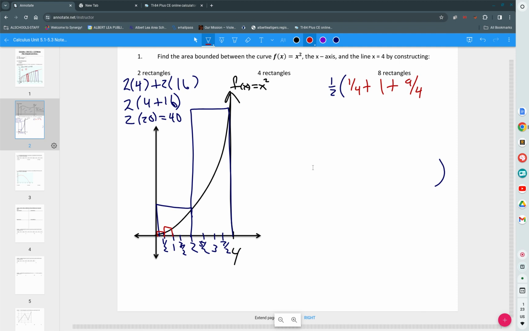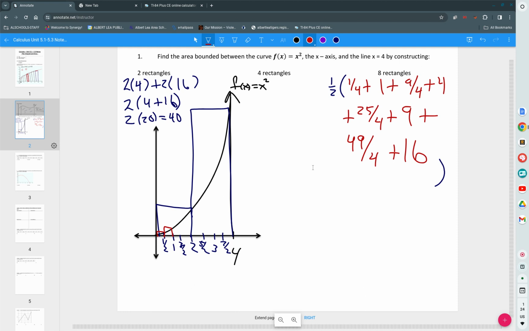The fourth height? 2 squared would be 4. The fifth height? 25 over 4. The sixth height? 9. The seventh height? Please just hold on through this. 49 over 4. And the last height?